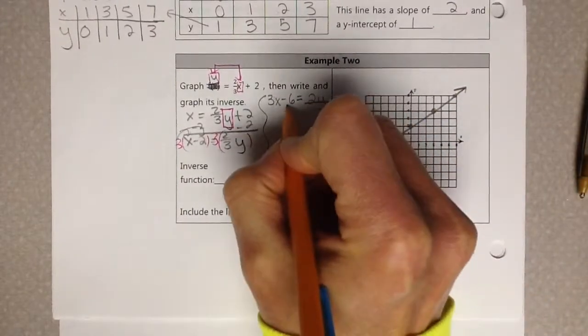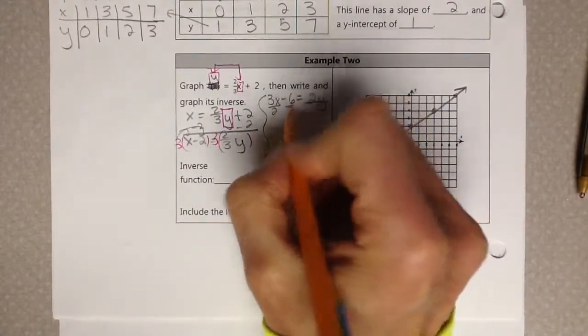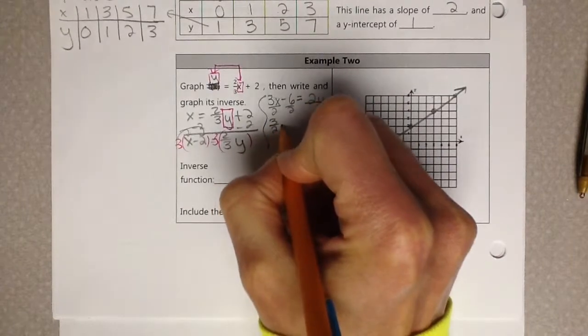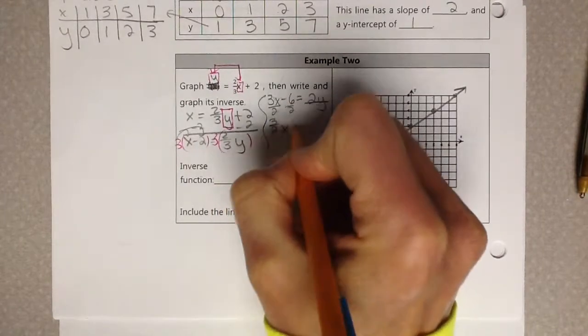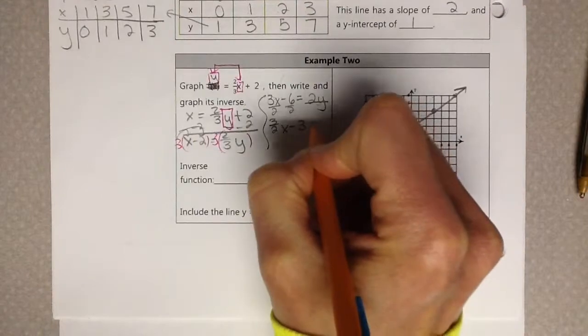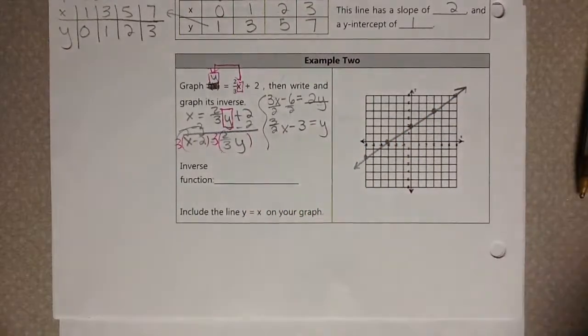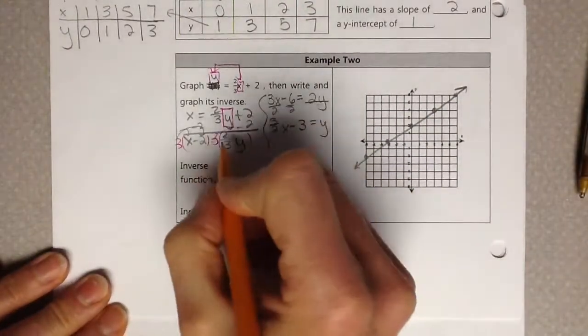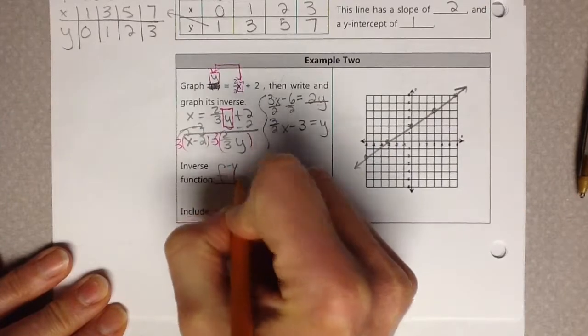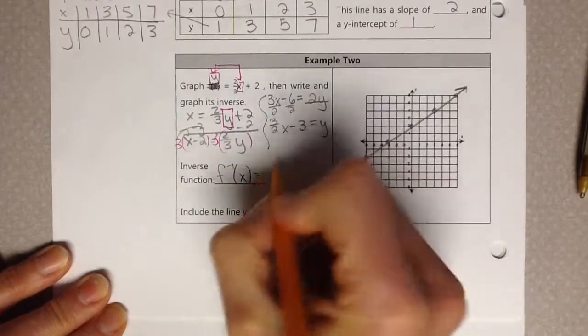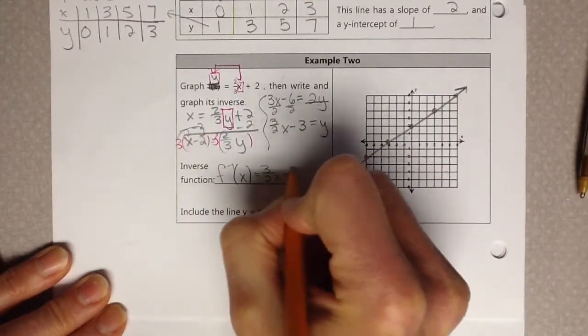And then I could just divide everything by 2. So that's going to be 3 over 2x minus 3 equals y. Okay, so remember, we want to write this as f inverse of x. 3 over 2x minus 3.